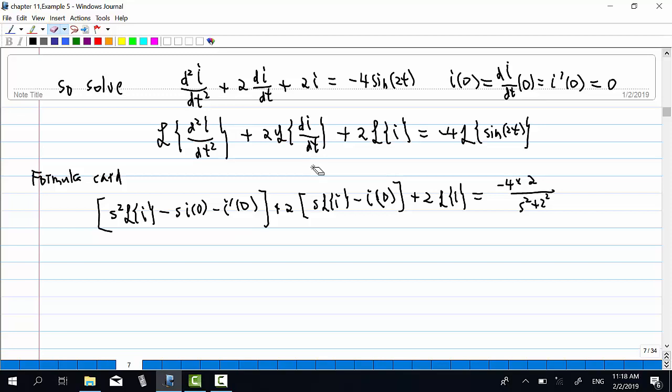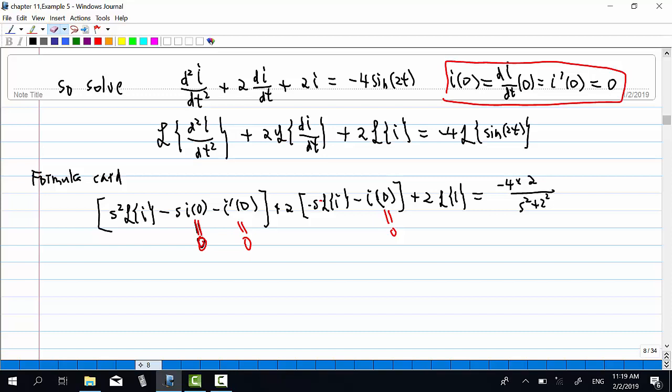Laplace transform of di/dt is s Laplace transform of i minus value of current at 0, and the third term leave it alone. And the Laplace transform of sine 2t is 2 over s² plus 2². Putting in the initial value of current and rate of change of current, they are all 0.